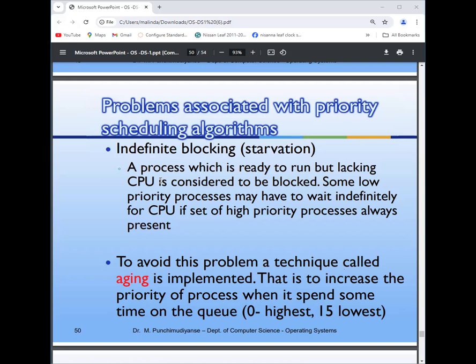So it is growing older, little by little. You give points for the time you spend waiting. When some time has elapsed, the priority of that longer running job will increase above the shorter running jobs which are coming.